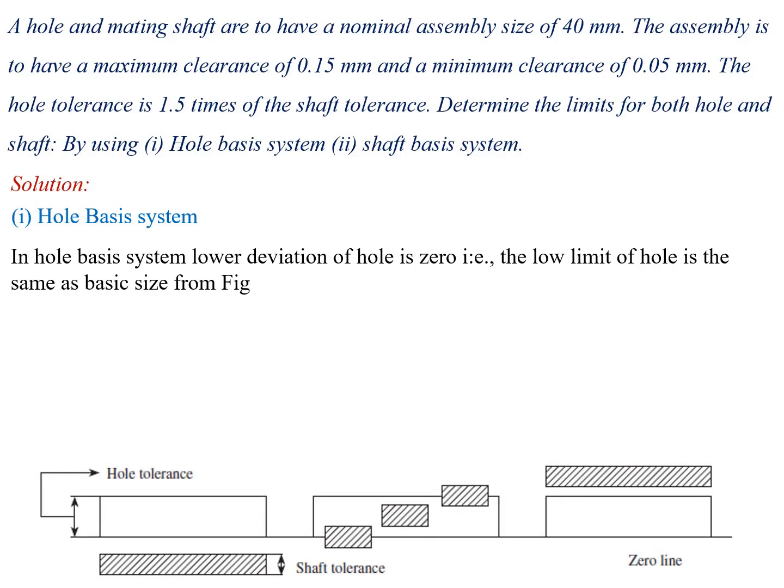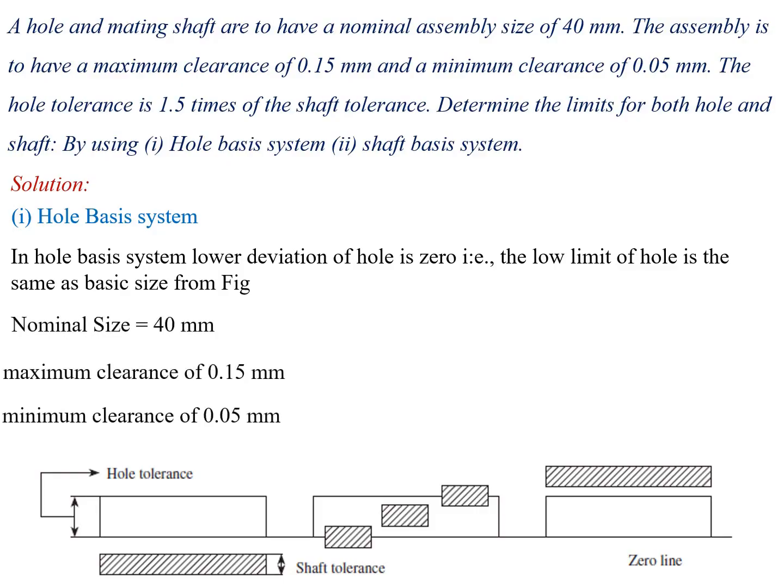Let's observe the data. It is given that the nominal size is 40 mm, the maximum clearance is 0.15 mm and the minimum clearance is 0.05 mm. From the data we can say that the given type of fit is a clearance fit.